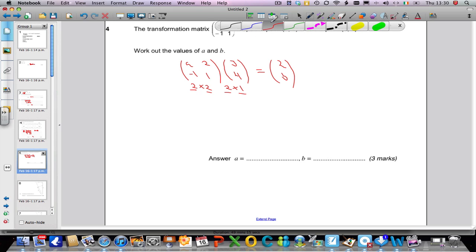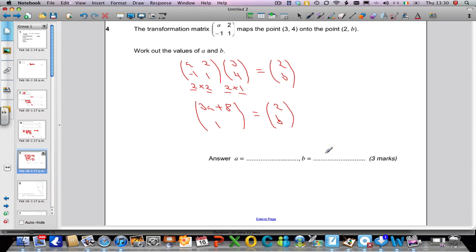Okay, so we go a times 3 is 3a, 2 times 4 is 8. So the top is going to be 3a plus 8. And then underneath, minus 1 times 3 is minus 3, plus 1 times 4 is 4. Minus 3 plus 4 gives me 1. So that must be equal to 2 and b.